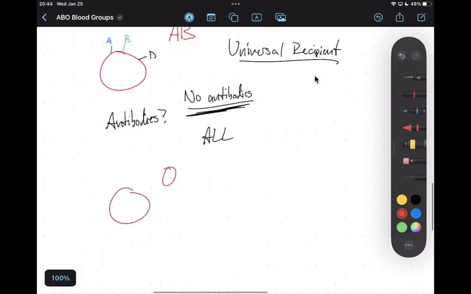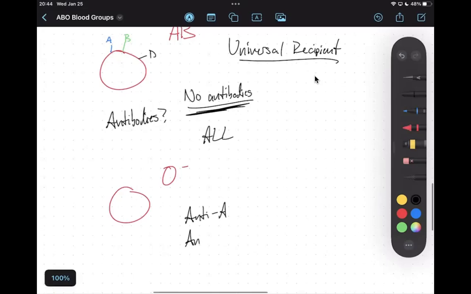All right. So if this is the universal recipient, let's now look at the other one. So this is going to be O negative blood. So O negative, remember we have the opposite antibodies. So in this case, we're going to have anti-A antibodies, and we're going to have anti-B antibodies.